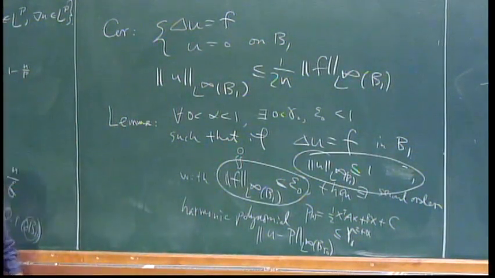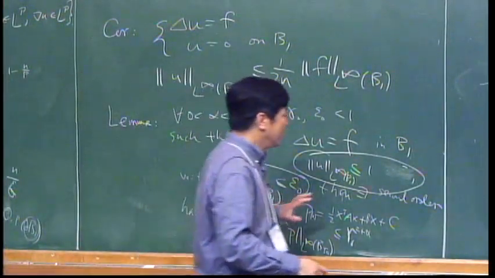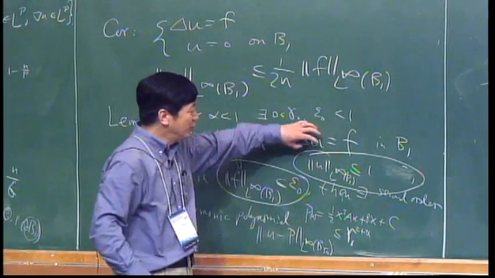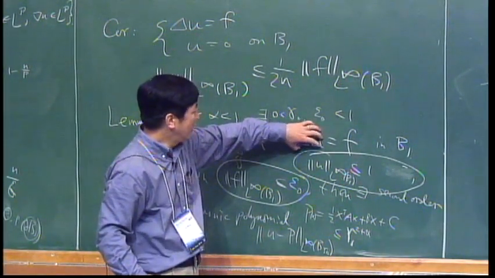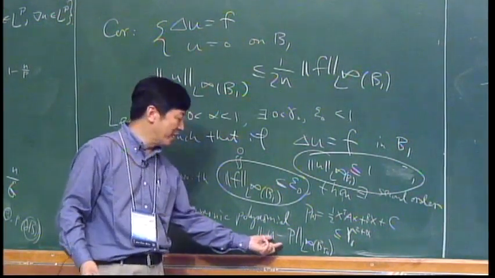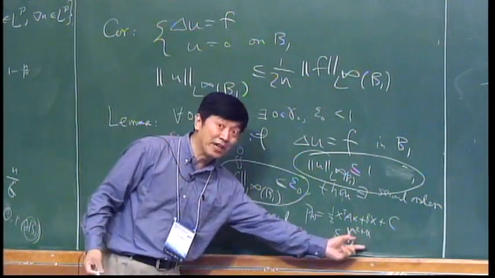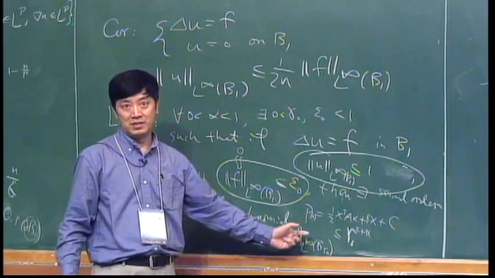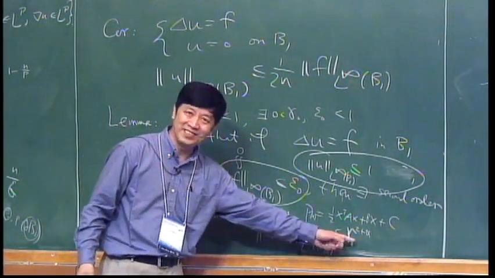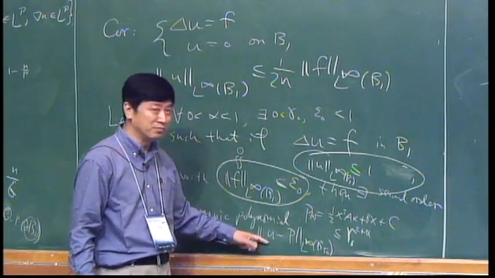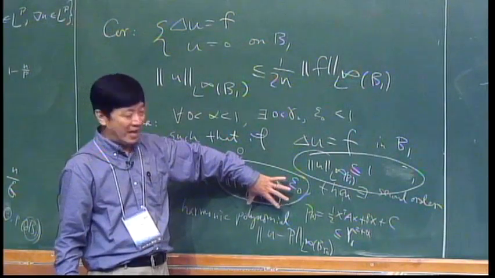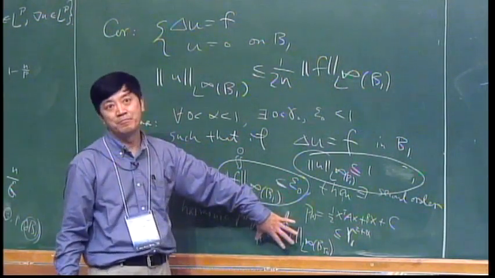The limiting case of this statement is that if f is equal to 0, then u is harmonic. If u is harmonic and bounded by 1, of course locally u will be smooth. So u minus a polynomial can be as regular as I want. This is quite believable: u minus P is actually third order vanishing because u is smooth. But with a tiny perturbation, I make that possible.